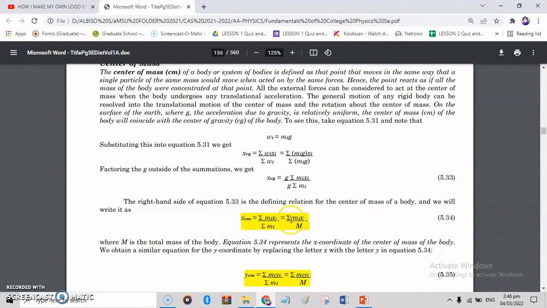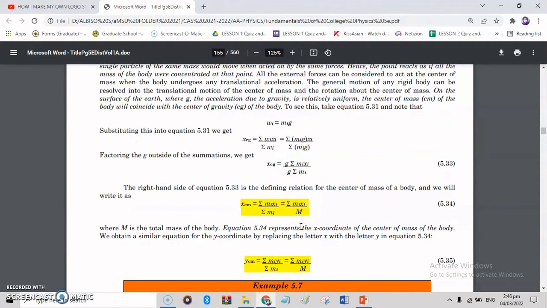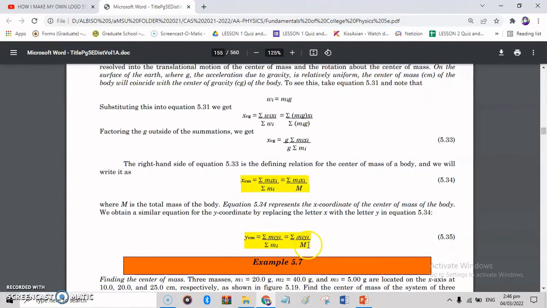So, summation of all the masses and its distance all over the total mass. Okay? So, equation 5.34 represents the x-coordinate of the center of the mass of the body. So, we obtain the same analogous for the y-coordinates. Okay? Y is equals to summation of all the masses along the y and all over its total mass.